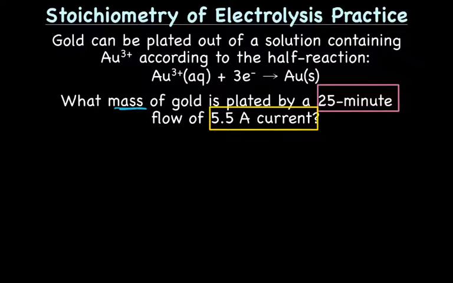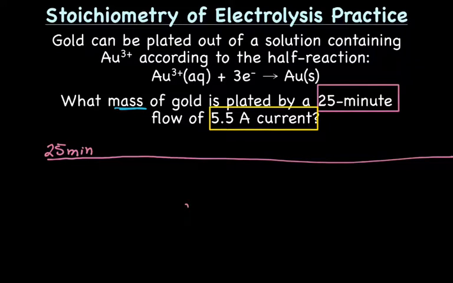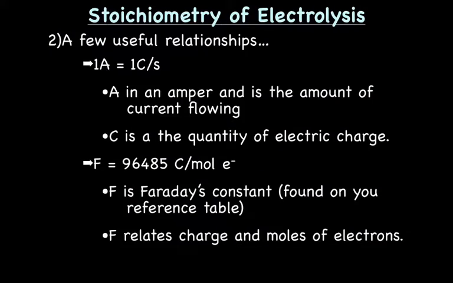The best way to start this is to start with time. And let's try to get rid of that minute unit. So we have here 25 minutes, make this nice and huge, over 1. So what do we know about minutes? Also keeping in mind, if we go back to our 2 helpful relationships, we have second right here, and we have amps here.